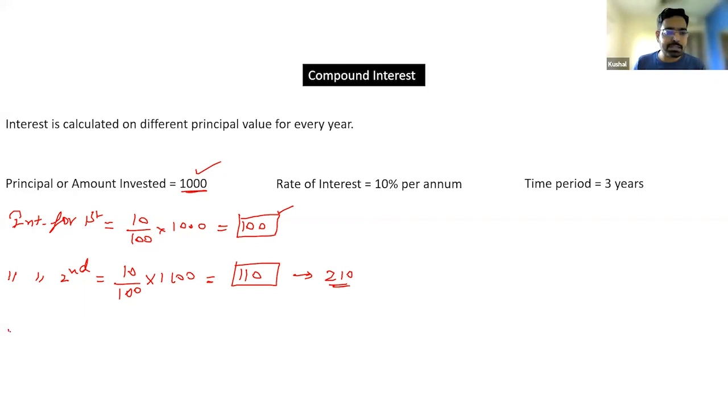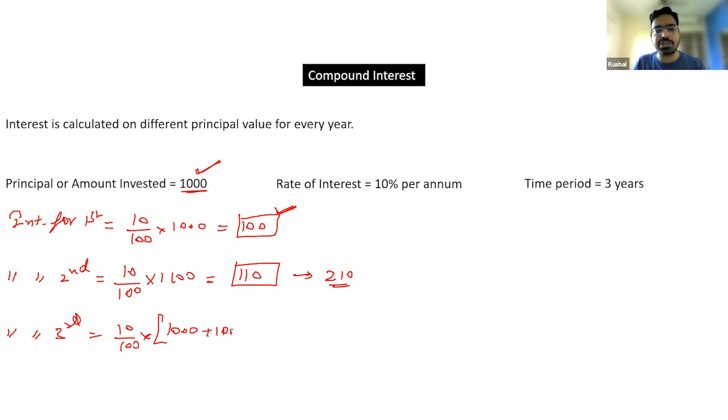Now let's have a look at the interest for the third year. Interest for the third year should be 10% on what all values? This 1000 was there with the person who has taken the loan for the third year as well, so you must charge an interest on this 1000 for sure. Then you must charge an interest on this 100 because this was also there with him for the third year.